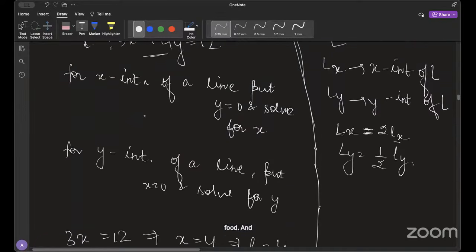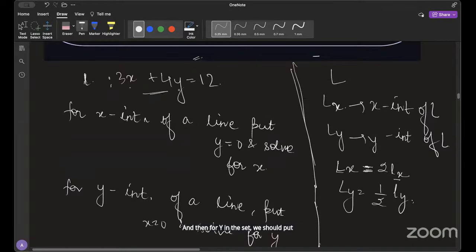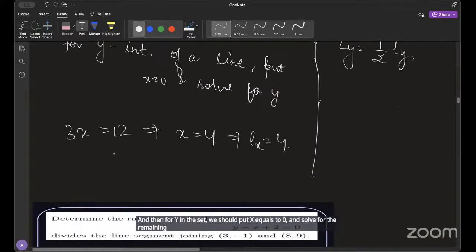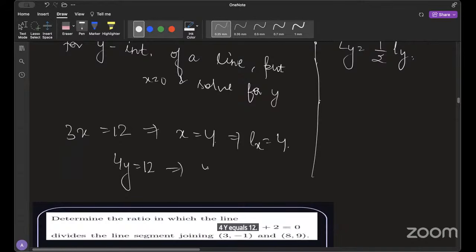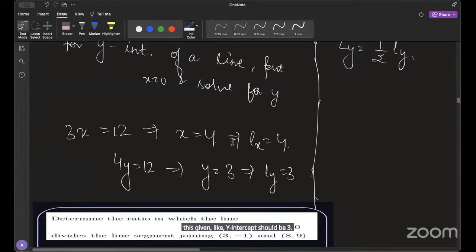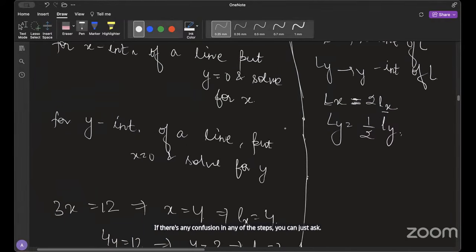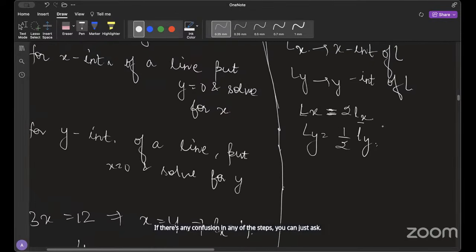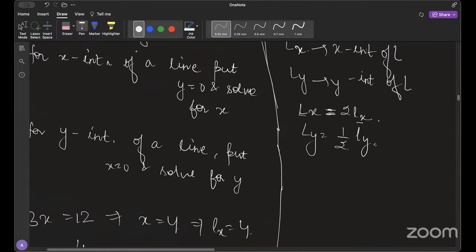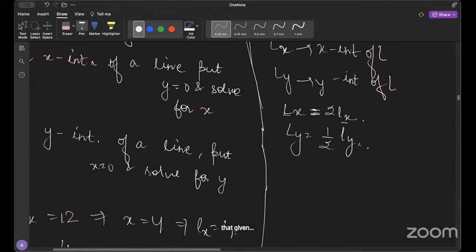And then for the y-intercept, you should put x equals to 0 and solve for the remaining equation. So it gives you 4y equals 12. This implies y equals to 3, or the y-intercept of this given line should be 3. If there's any confusion in any of the steps, you can just ask at that given time when we're discussing it.